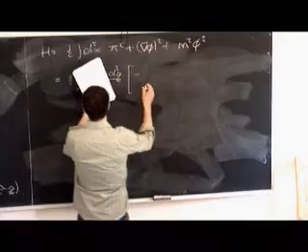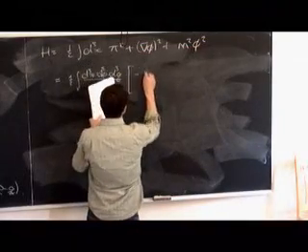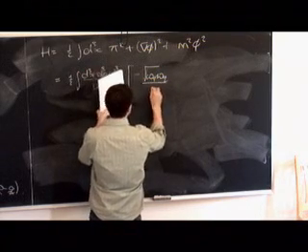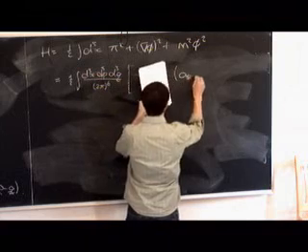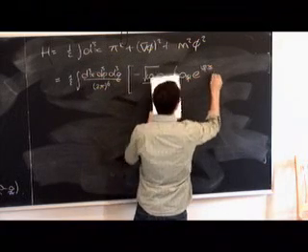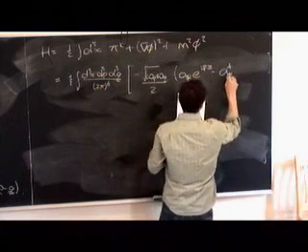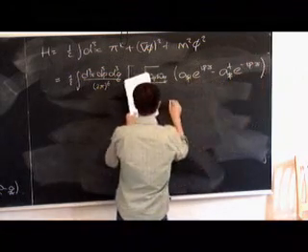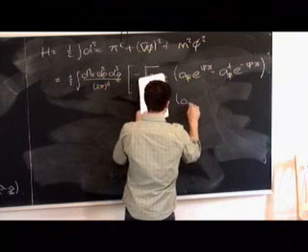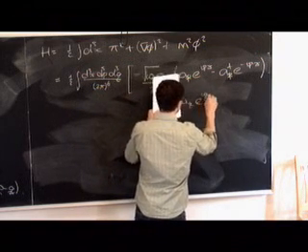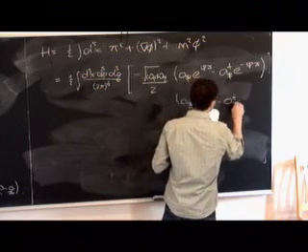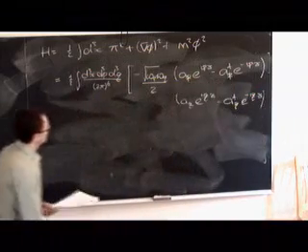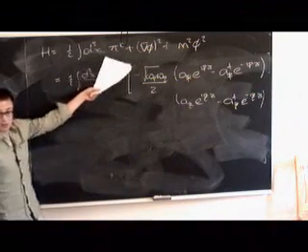And there's a minus sign because there was an i in the definition. Okay, that's the pi squared term.